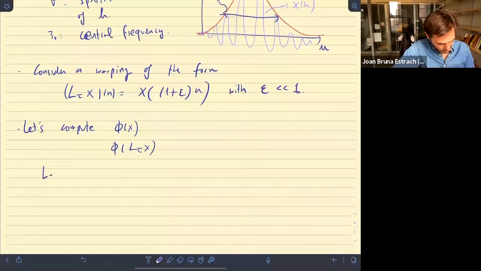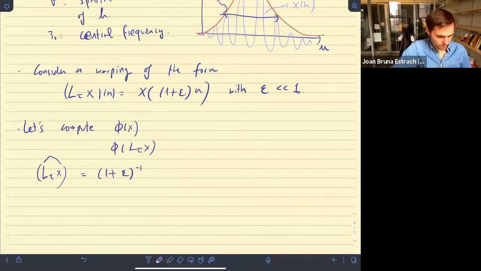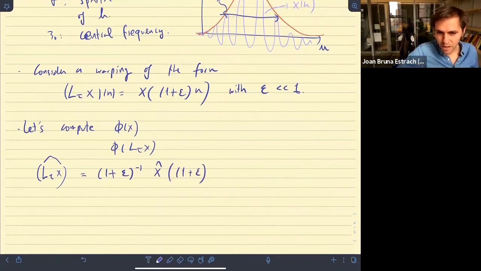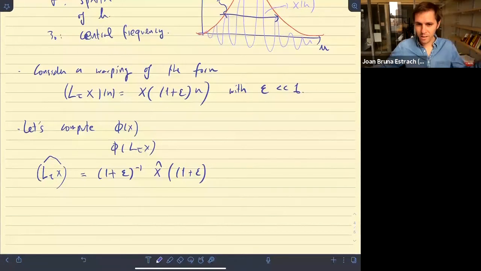So if I look at the Fourier transform of the dilation, if you remember, this is (1 plus epsilon) to the minus 1, times the Fourier transform of x applied at the inverse, basically where I invert the sense of the dilation, right? So if I dilate by some factor in the spatial domain, I compress in the Fourier domain, right? In the inverse direction.